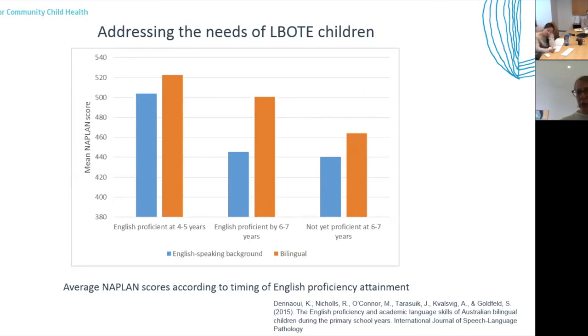So many bilingual children and or children who are not proficient at school entry will catch up, but there's a whole bunch of kids that are still not proficient at 6 and 7 who are probably language disabled, but never actually get anything done about that because they are not English speakers. So another policy opportunity about how do we think about the sorts of measures we need and the interventions that are important for children who appear to be just catching up, but are in fact language disabled.